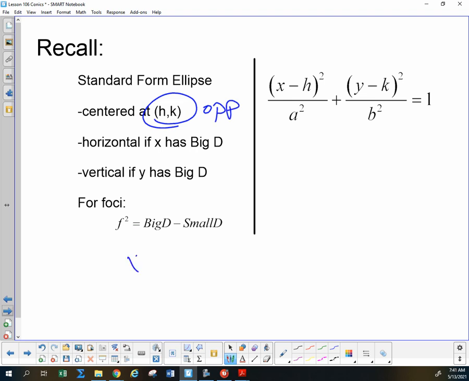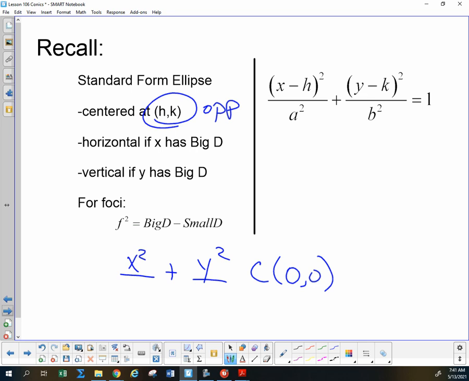So if it's just x squared over and y squared over, that's the same as x minus 0 squared plus y minus 0 squared. So the center is 0, 0. But if the numerators are not just x squared and y squared, it's been shifted and we take the opposites on those.